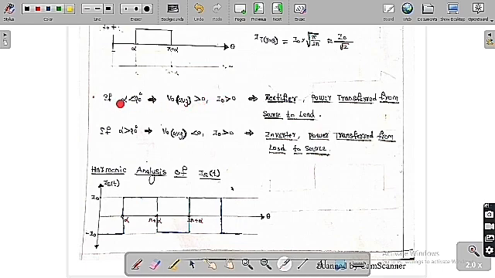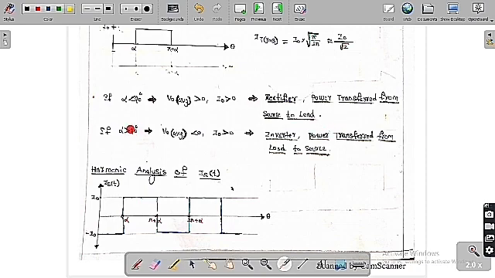So when alpha is less than 90, the output average voltage is positive and the output average current is also positive. The product of these two, the average output power, is again positive. So we can say that it acts in rectifier mode, with power transferring from source to load.